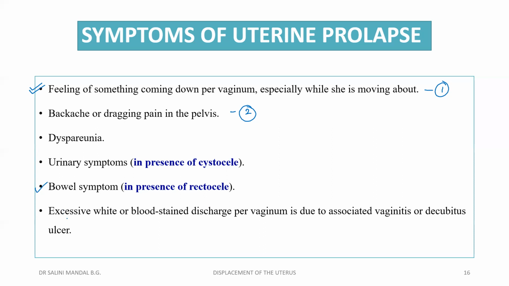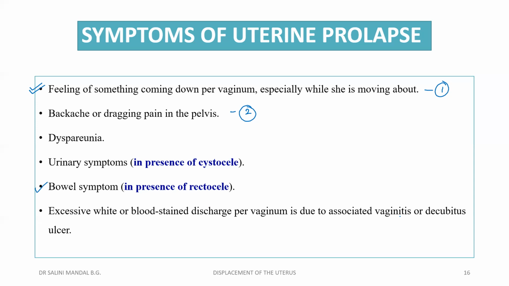Next one, excessive white or blood-stained discharge per vagina is due to associated vaginitis or even due to decubitus ulcer. So you may think why there is a decubitus ulcer. Because see, decubitus ulcer basically is a trophic ulcer, right? A trophic ulcer, always found at the dependent part of the prolapsed mass lying outside the introitus.